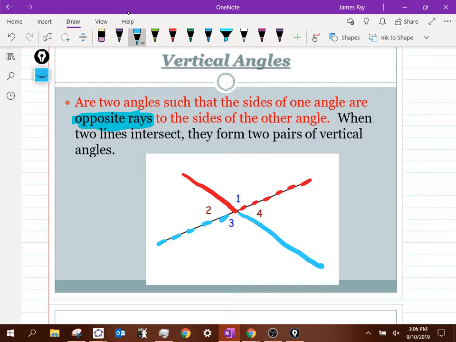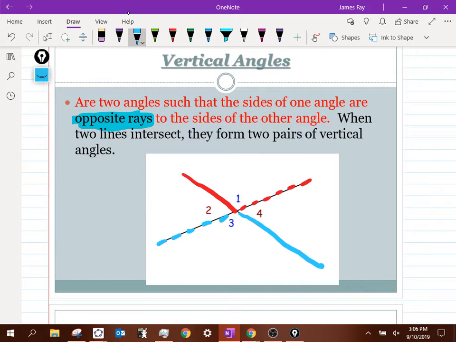What about the dotted ones? Are they opposite rays? So we have two angles, angle 1 and angle 3, where the sides of angle 1 form opposite rays of the sides of angle 3, or vice versa. And that allows us to create what we call vertical angles.